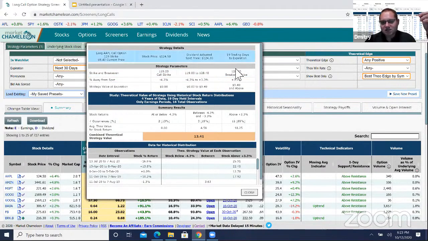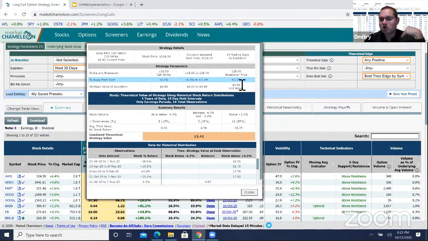If the stock is above $128.40, right, or more than 9.40 above the strike, then at expiration this option will be profitable. This is above your break even, more than 3.3%. So if it increases by more than 3.3%, this option will be profitable depending how high it will go.